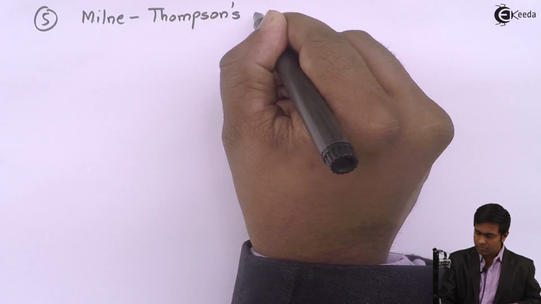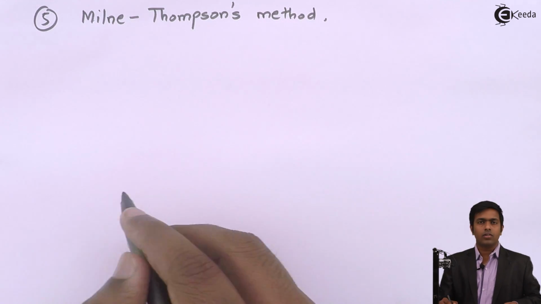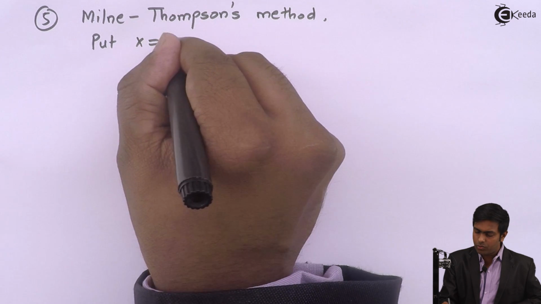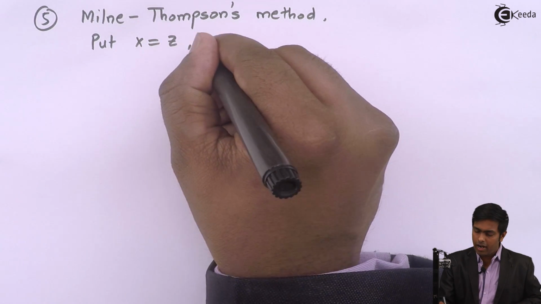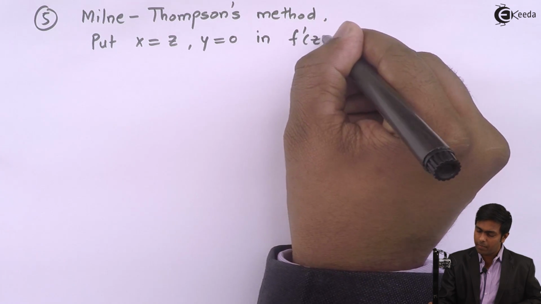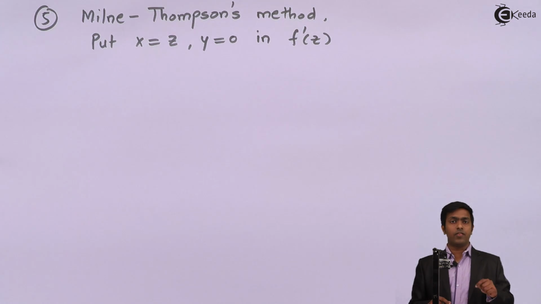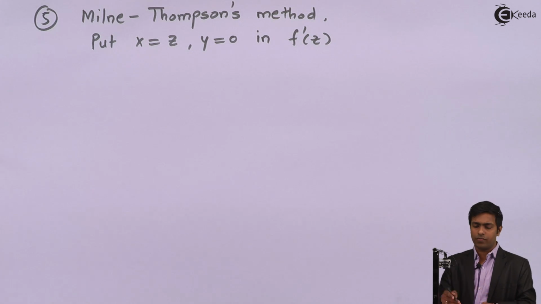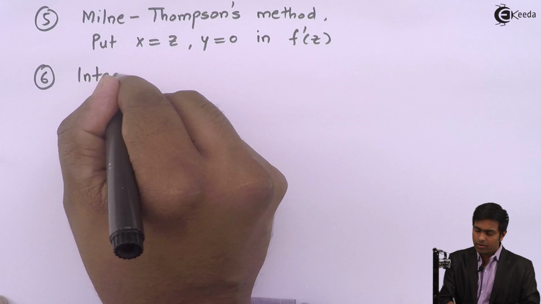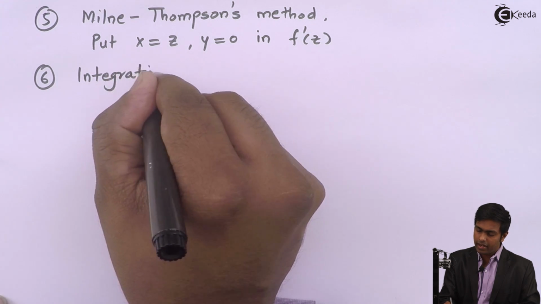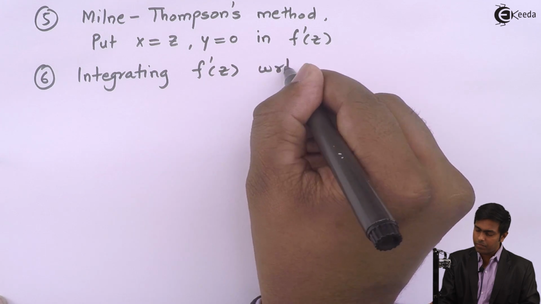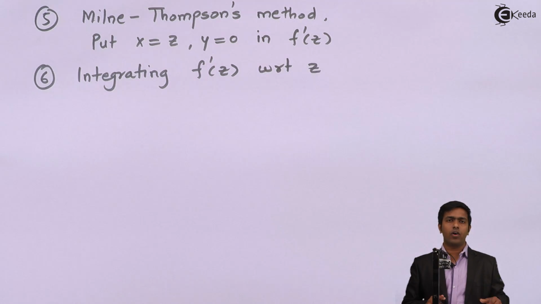By Milne-Thompson's method we will put x equal to z and y equal to 0 in f dash of z, and by this we will get f dash of z in terms of z. In the last step we will integrate f dash of z with respect to z, and we will get the value of f of z.